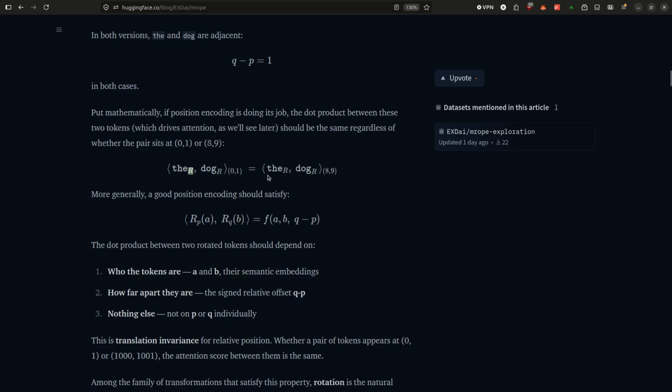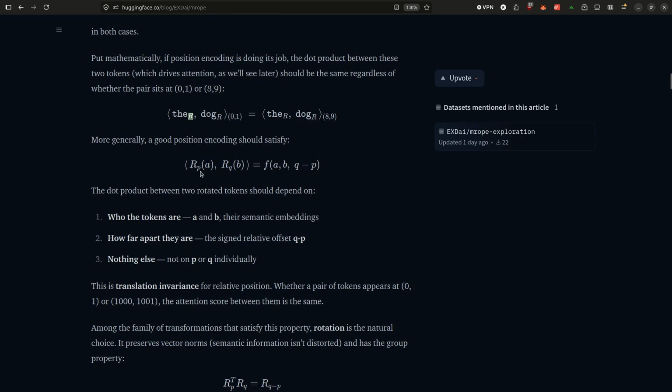Okay, so more generally, basically what we're saying is, R of P is a rotational transformation of the vector A, which is dependent on the index P, and this is the rotation dependent on the index Q. So the rotated vectors A and B, depending on their P and Q, should only be a function of A, B, and q minus p, not the absolute values of q and p. Okay, I think that's fairly simple.